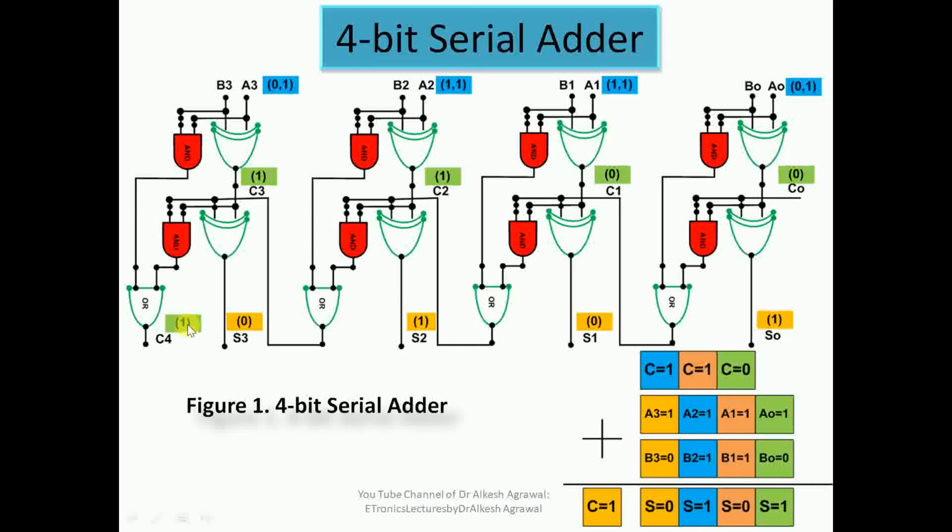So we have 16, and this is 4. 16 plus 4 is 20, plus 1 is 21. So this circuit is working very fine, where you see that we added 15 plus 6, it comes out to be 21, and we also verified in terms of bits. So this is a 4-bit serial adder.